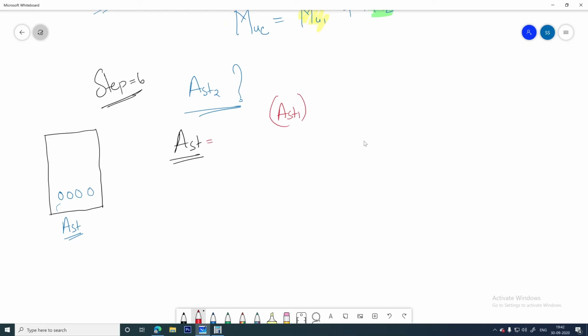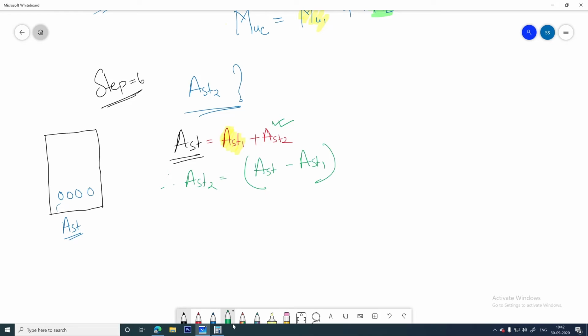So we know AST equals AST1 plus AST2, right? AST1 we have already determined, so easily we can determine this AST2. So AST2 will be simply AST minus AST1. So AST2 is very simple, you can determine.